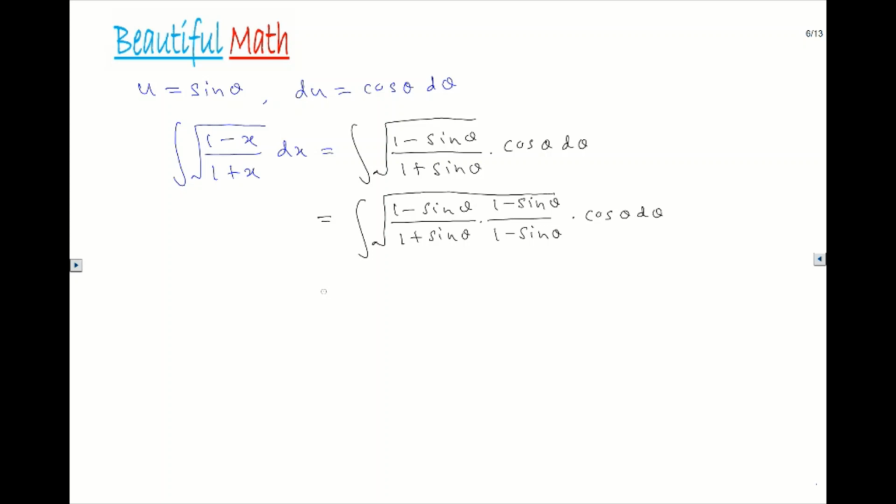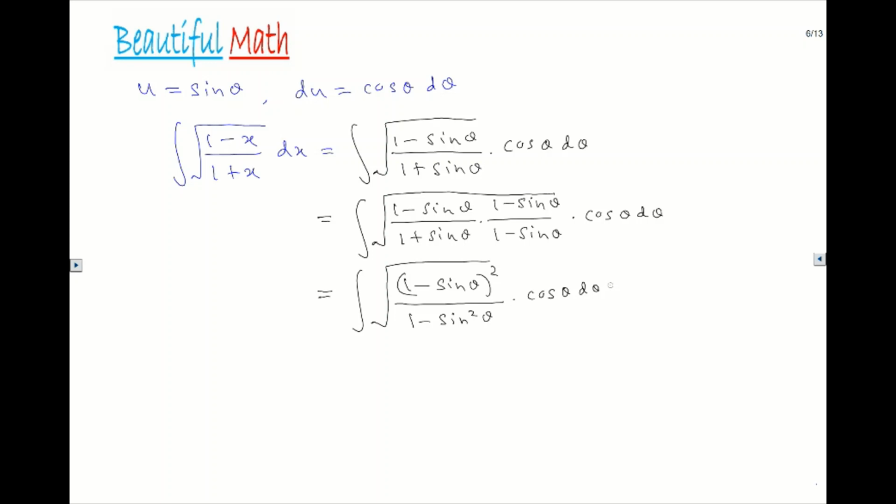So what's going to happen now, you can see that the top is simply 1 minus sine theta squared. The bottom, due to the difference of squares, is 1 minus sine squared theta. Now we have the square root here and cosine theta d theta.